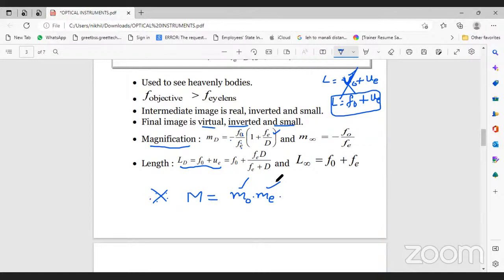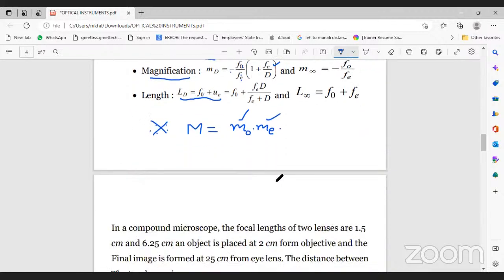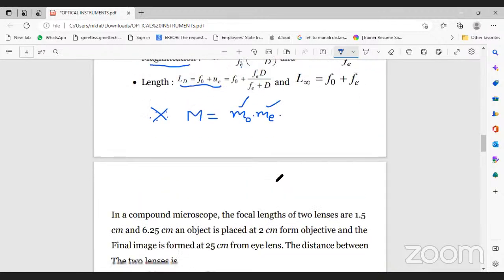The product of the two is called the magnification of the telescope. So this is the concept of the telescope.